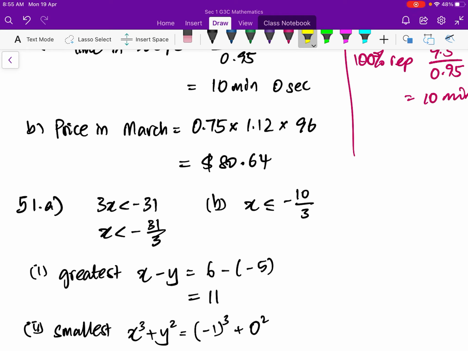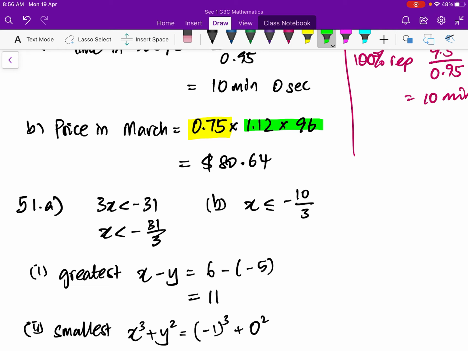So in March, the price decreased by 25%. Decreased by 25% means that the price is now 75% of the price in February. So this is the price in February. Now in February, its price increased by 12%.